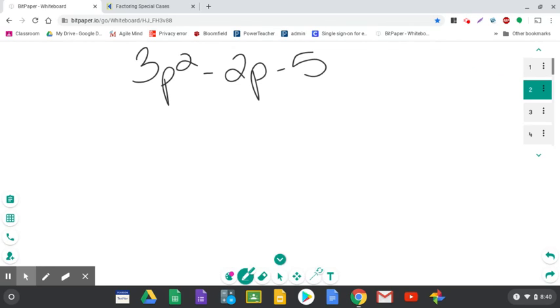Well, now what happens if you look for a GCF, but there is none, right? 3, 2, and 5, the only thing they have in common is a 1. You also can't take out any variables because this doesn't have a p with it. So there's no GCF here that you could take out. All right, so we're going to use something called the AC method now.